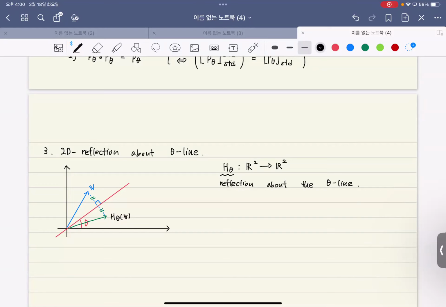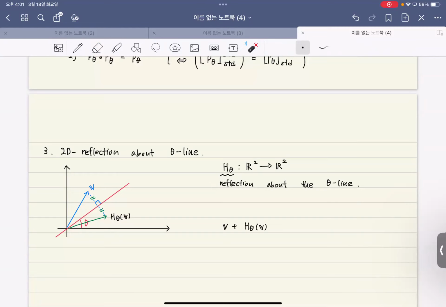The idea is very simple. You know what I mean by the parallelogram, right? When you add two different vectors, you apply the parallelogram law. Now, what if I add these two vectors, my original vector V and my reflected vector H theta of V?